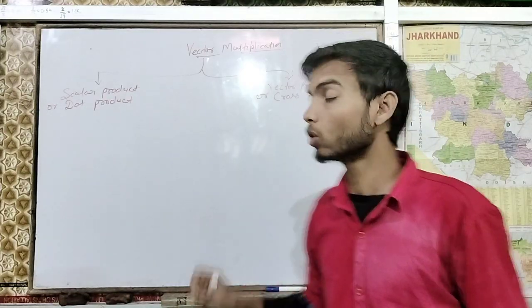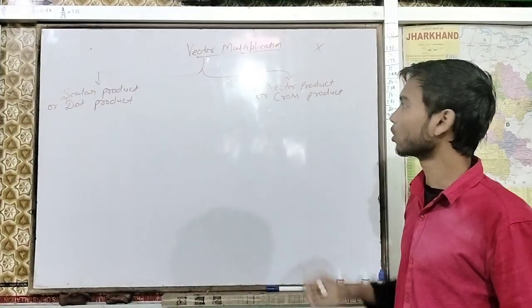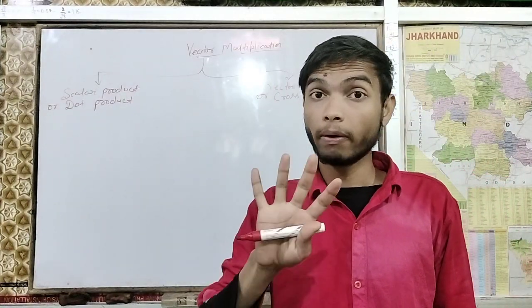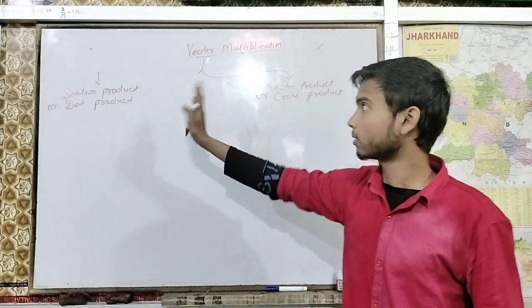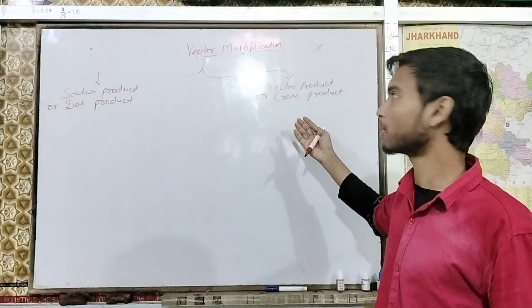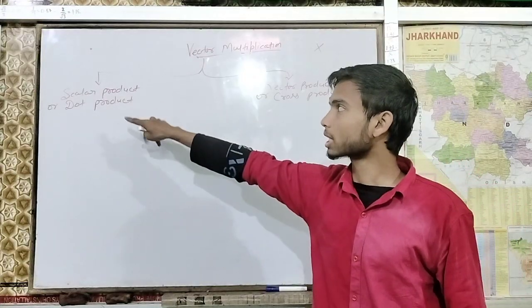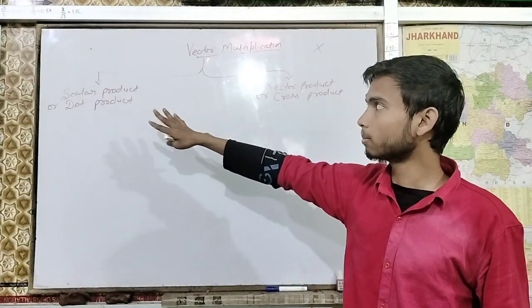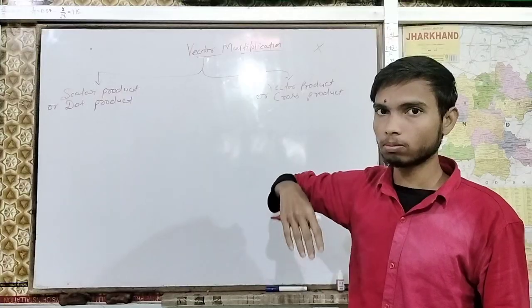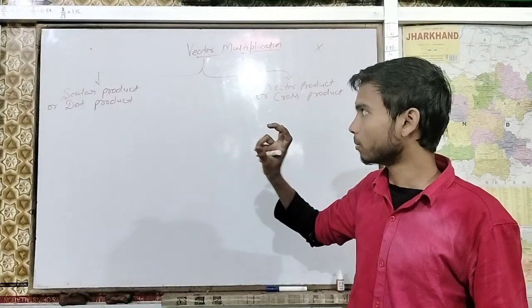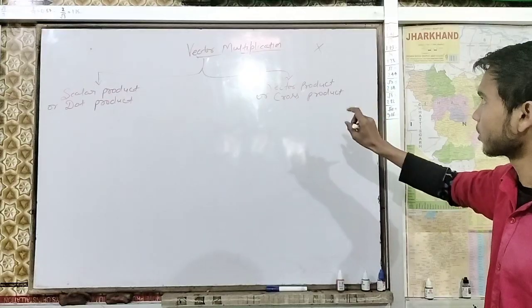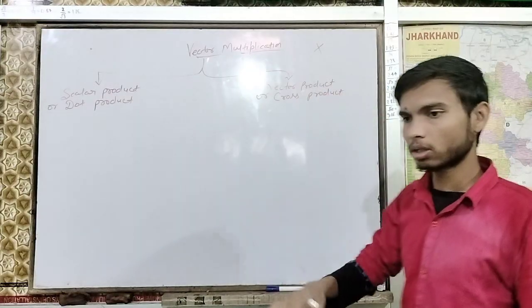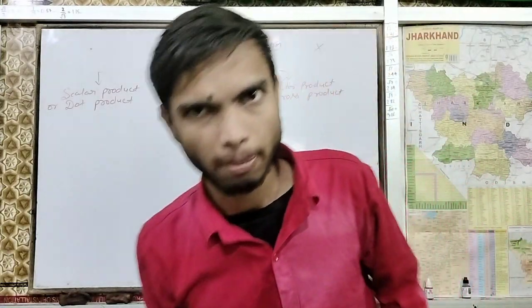So this part you keep in the field of vector product. That is why we divided vector multiplication into two parts. The first part is the scalar product, and the second part is the vector product. A scalar product and a dot product are not different; the meaning of both is the same. Similarly, vector product or cross product, the meaning of both is the same.